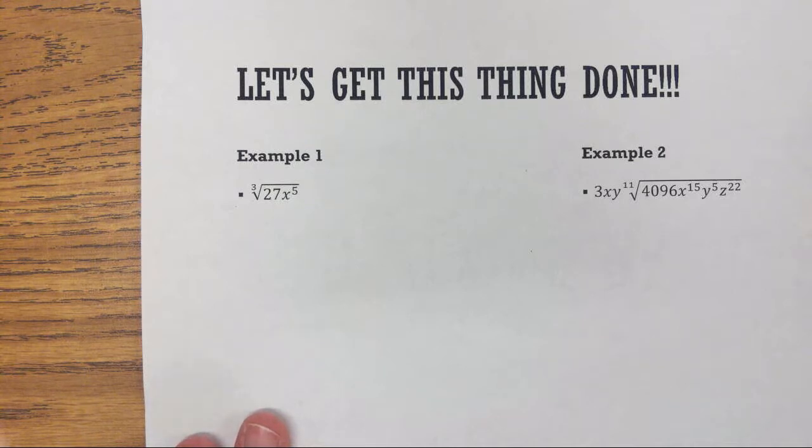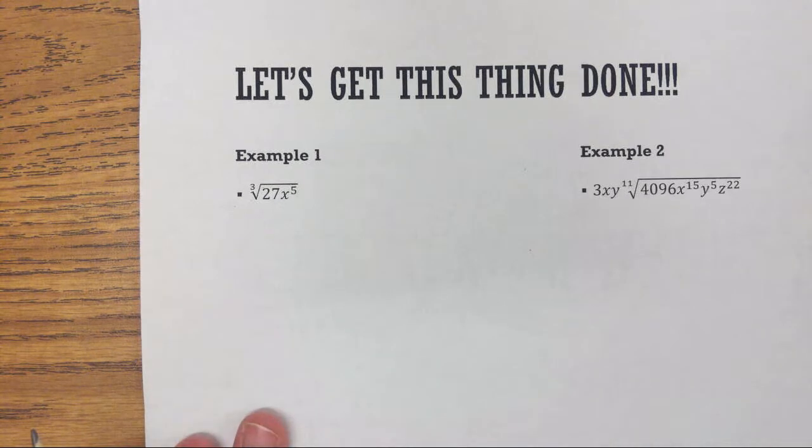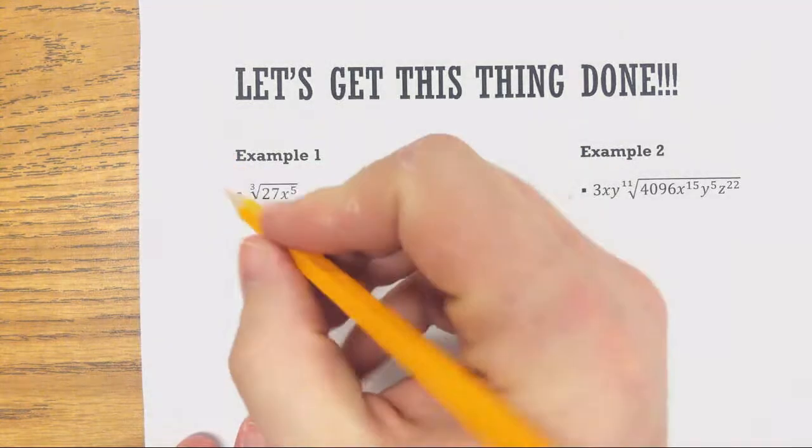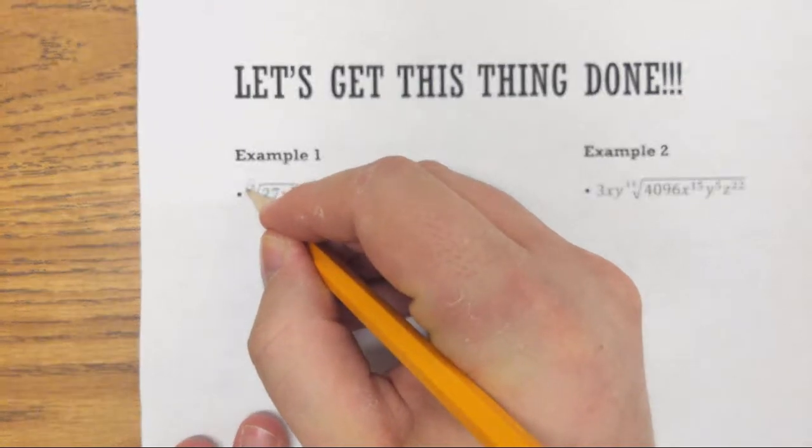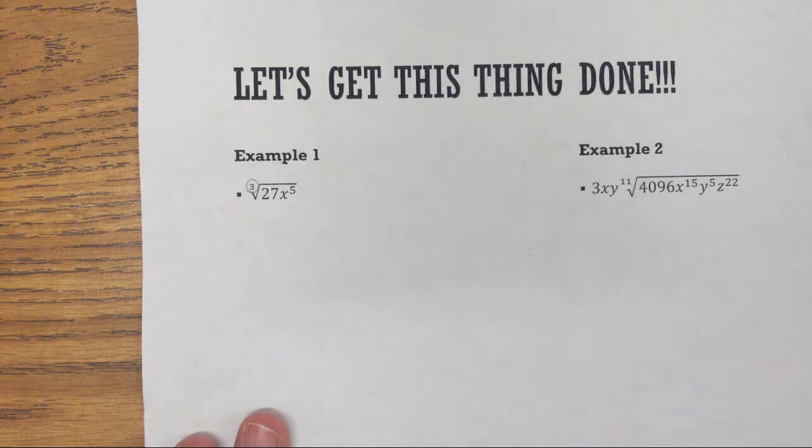If you remember, when we took square roots, we were looking for pairs of things. Well, the larger the index is, the larger number of things that you're looking for. Because this has a root of 3, I'm looking for 3 of a kind instead of pairs.